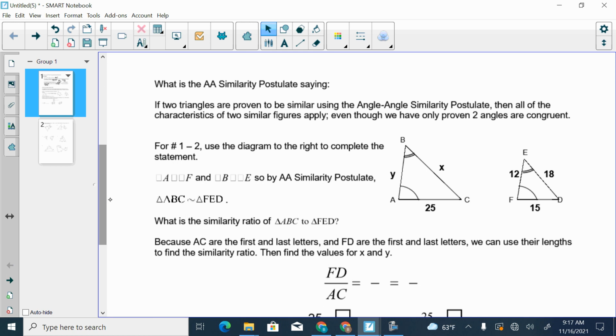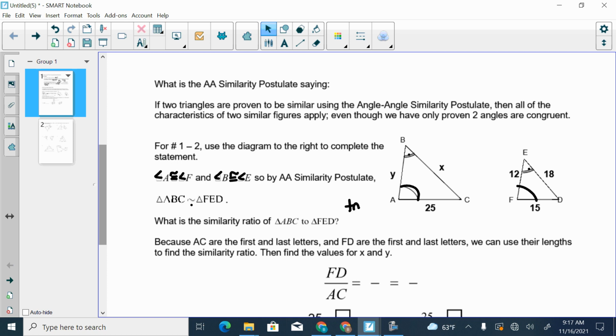It says that angle A is congruent to angle F, and angle B is congruent to angle E. So we've got a pair of congruent angles here, as well as here and here, and therefore these two triangles are similar. It asks, what is the similarity ratio from ABC to FED?